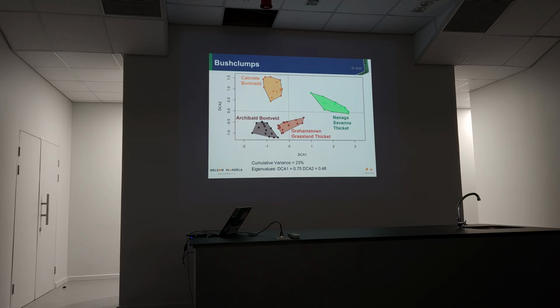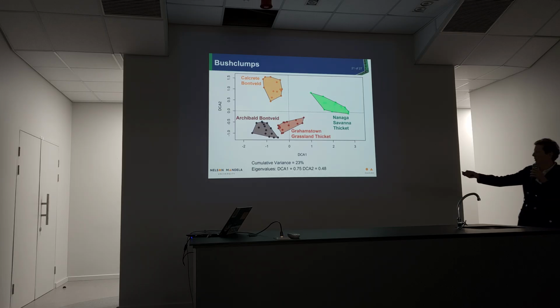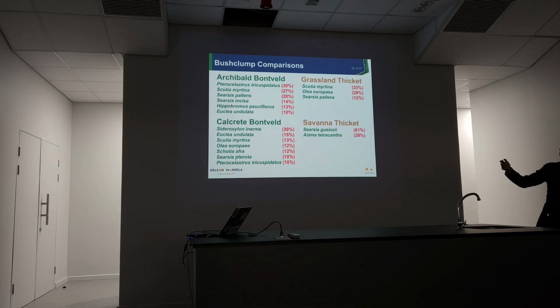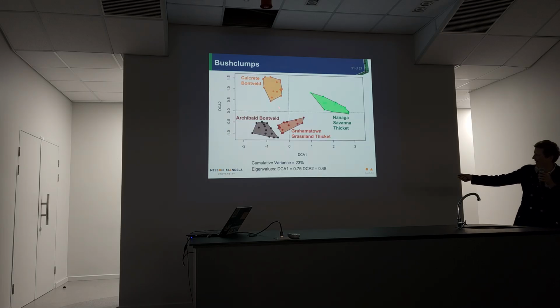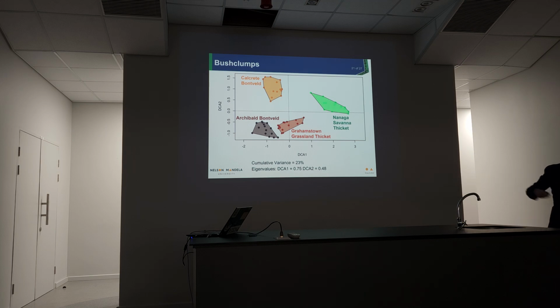So even the bush clumps in Calcrete Bontveld are different. The Nanaga Savanna Thicket is the other one that's different. This is pretty close for an ordination, so I'm not too concerned about that.